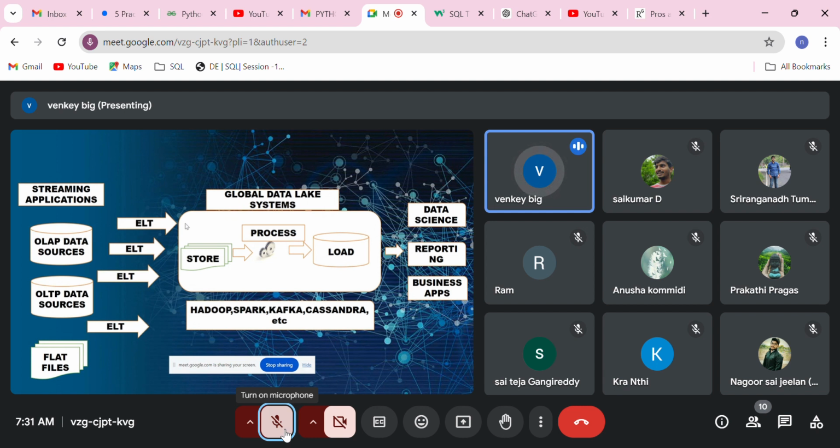When we talk about Hadoop and Spark systems, if we want to maintain them on-prem, the cost will be very huge, because they run in a cluster environment.